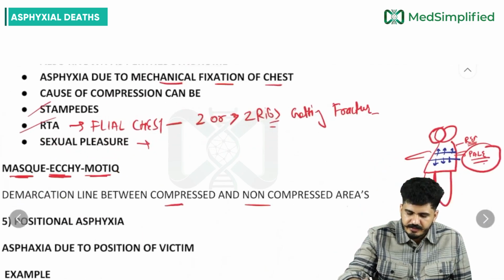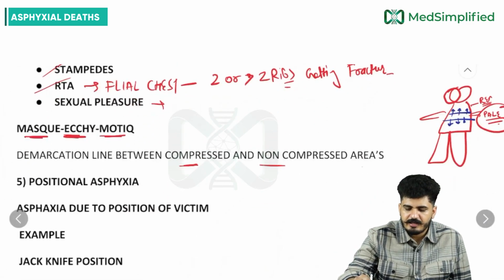So there will be a demarcation line. This is called masseche-ecchymotic.